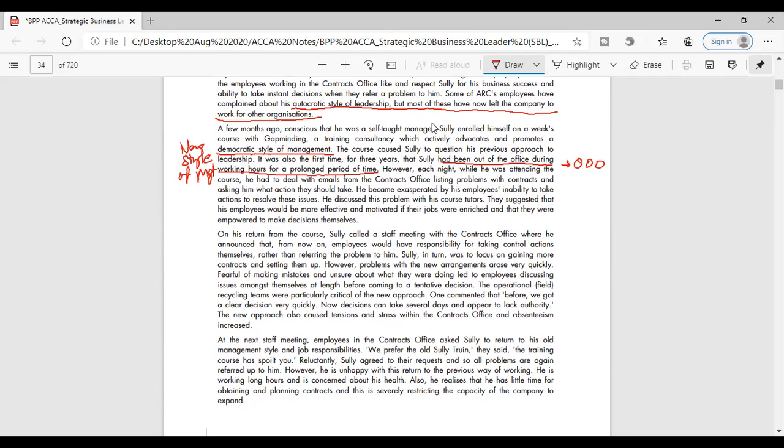While he was attending the course, he had to deal with emails from the contract office listing problems with contracts and asking him what action they should take.